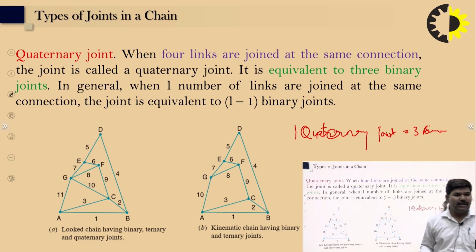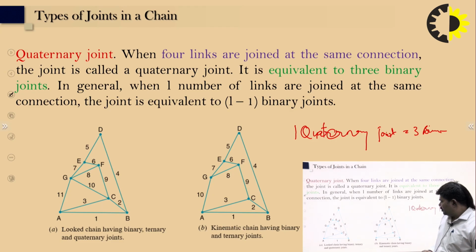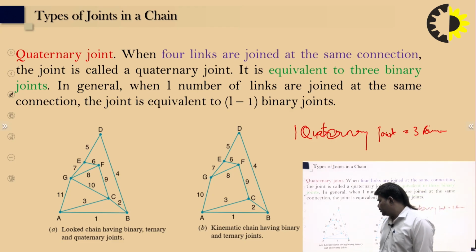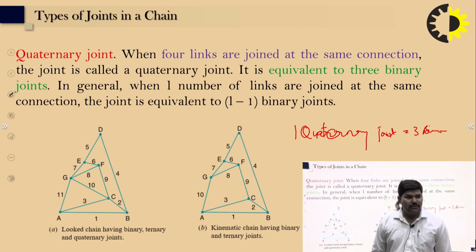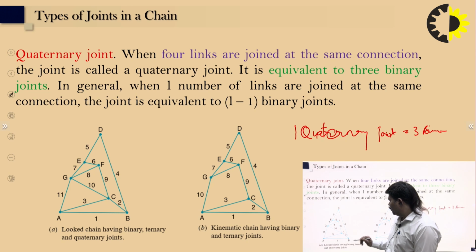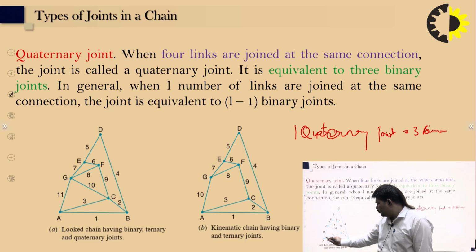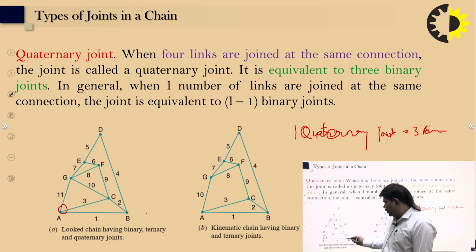So you can see here in figure A, a chain having binary, ternary and quaternary joints. We have to find out where the quaternary joint is in this figure. At point A, links 1, 3 and 11 are connected, so 3 links: a ternary joint.